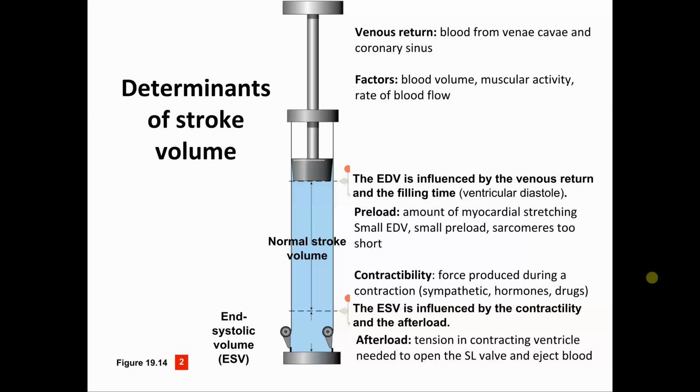The afterload is the tension in the contracting ventricle needed to open the semilunar valve and eject the blood. So how much pressure is being produced by that ventricle? A strong ventricle contraction is going to push out the most amount of blood and leave the least amount on the table. So leave the smallest end-systolic volume.